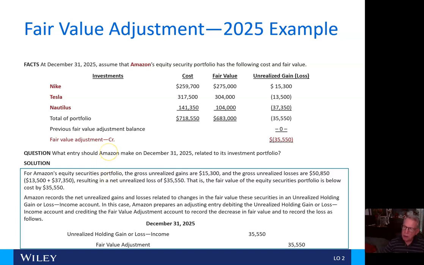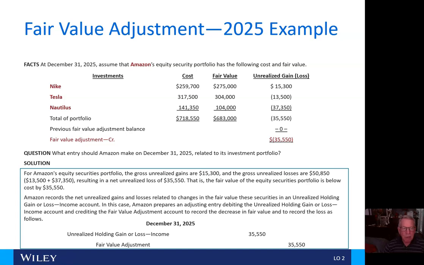And the solution is that for Amazon's equity securities portfolio, the gross unrealized gains are $15,300 and the gross unrealized losses are $50,850,000. So that results in a net unrealized loss of $35,550,000.